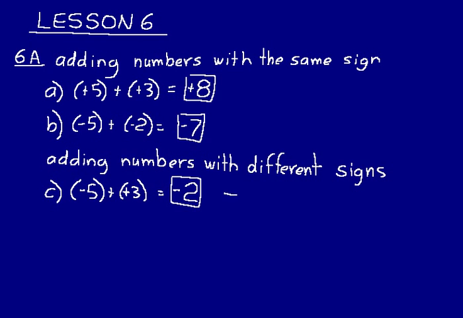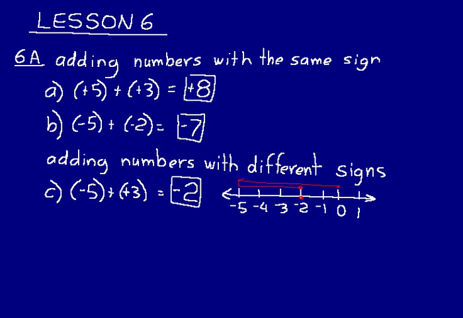Now if that doesn't make sense to you, then do this on a number line. Just get you a number line. You may still need a little bit of help with that. Negative 5, negative 4, negative 3, negative 2, negative 1, 0, and I'll put 1 in there as well. And so just think about what you would do here. You start at 0, go to the left 5, and then to the right 3, and so you end back up at negative 2, just like your answer shows there.